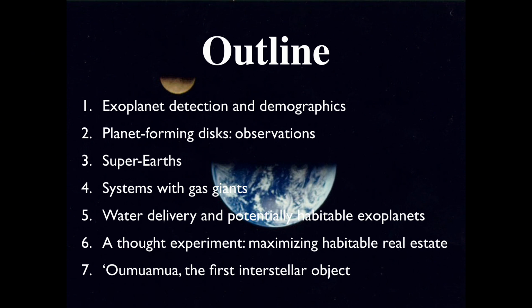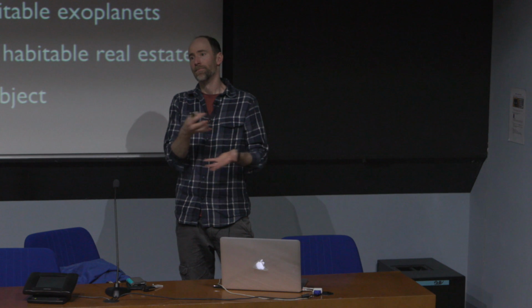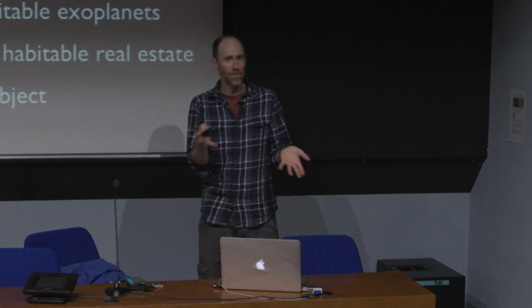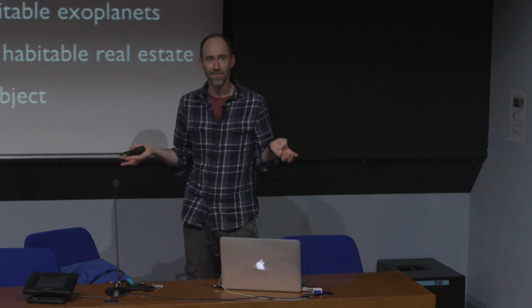Then I'll get to the more technical models of how planets form, the different categories of planets that we see. We'll talk specifically about super-Earth systems, then about systems with gas giants, and then about water delivery, how water gets onto planets that are predominantly rocky in the habitable zone that might have aliens on them, that we're all really interested in.